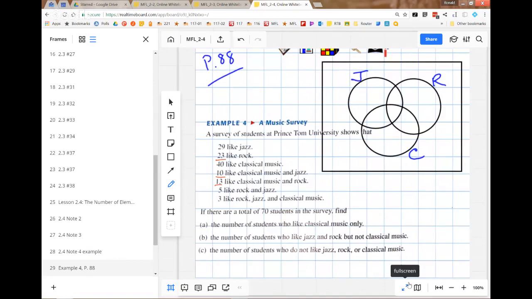With the 3 that like jazz, rock, and classical. Exactly. And that would have to go in that position, correct? Right. Because that's the only place where all 3 overlap.